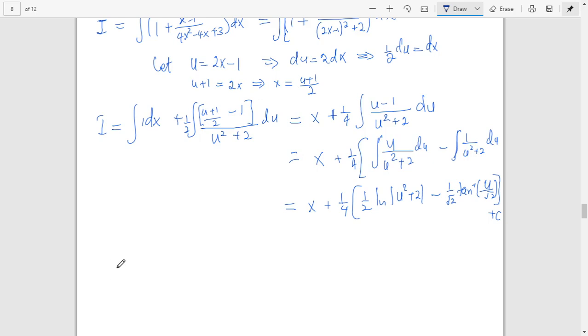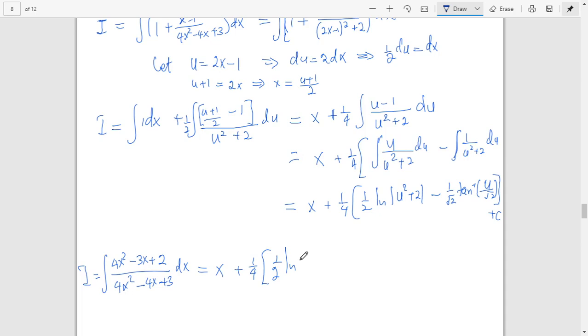My integral I, which is my original integral, which looks like this, will be equal to x plus 1 over 4 times 1/2 ln of u squared plus 2, with u being this whole thing, squared, plus 2, which is what we have at the denominator as q(x).